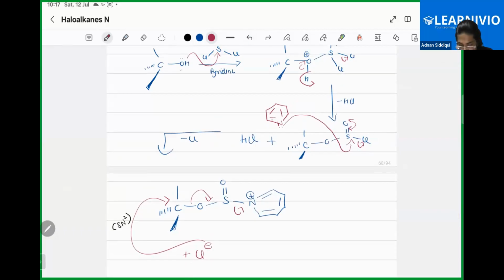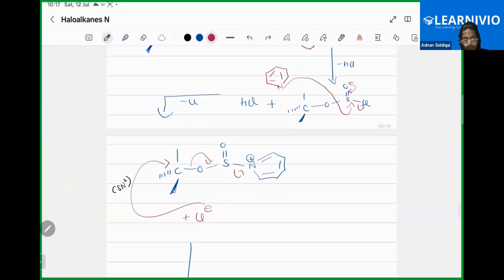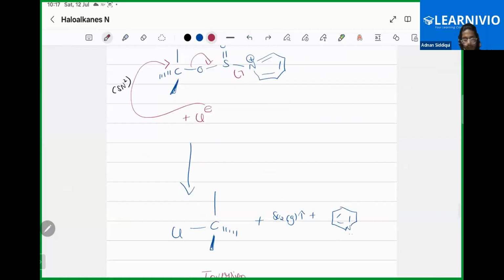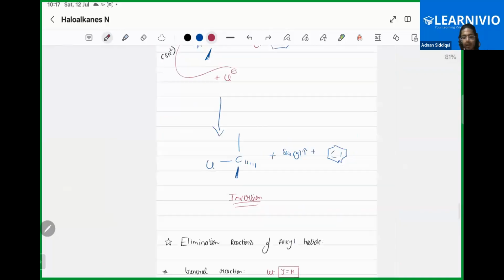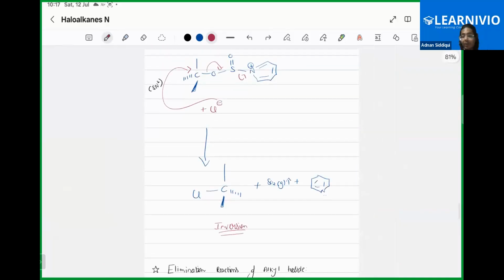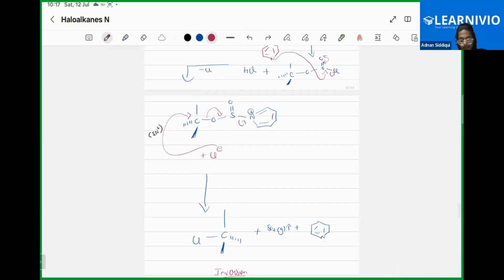After the attack of pyridine, this chlorine is removed, and this chlorine will attack here, and it will exclude this, and you will get your inversion product, right? So what you must remember from this, if you are using only SOCl2, you will get retention. If you are using SOCl2 with pyridine, you will get inversion, right?